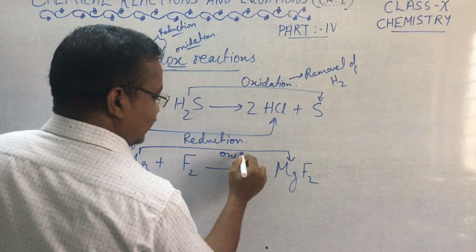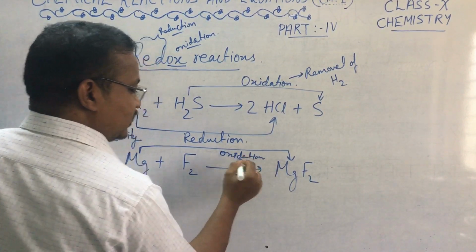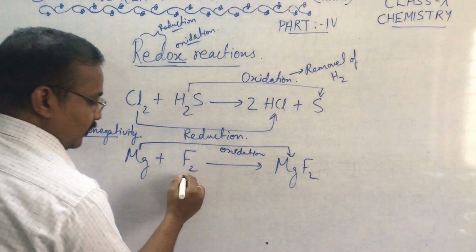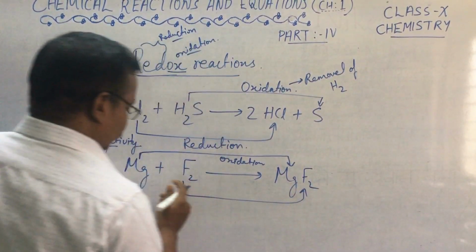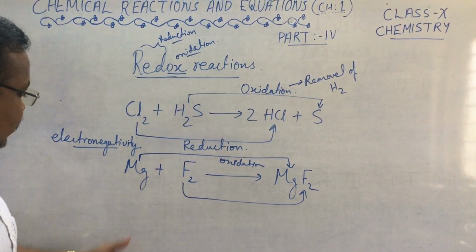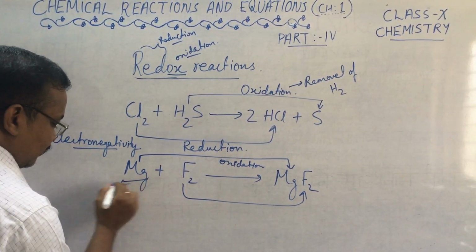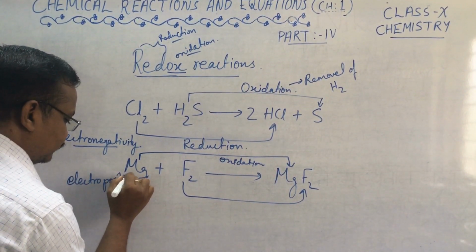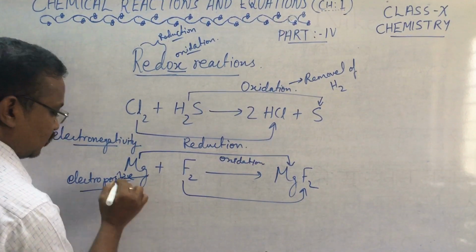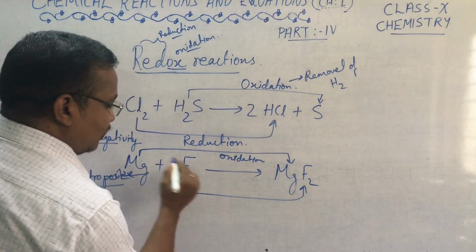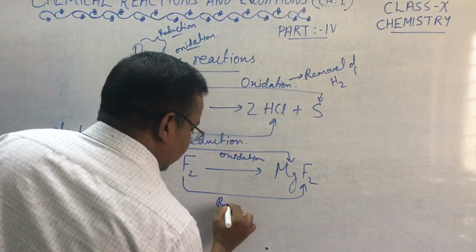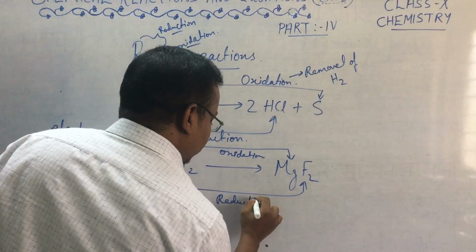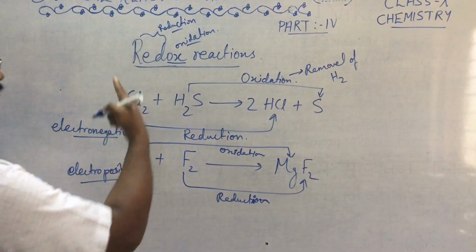We can say that is an oxidation reaction, where F2 is added to form MgF2, and magnesium is an electropositive substance. So when an electropositive substance is added into a species, that is called reduction. So this is another way of explaining redox reactions.